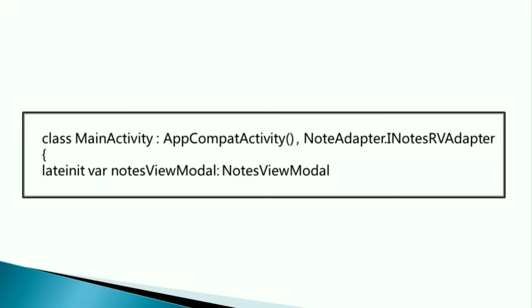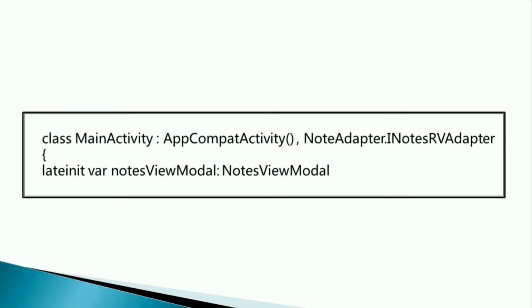We have declared variable NotesViewModel of type NotesViewModel class. We have used keyword lateInit for the variable. This keyword is used for late initialization of variables. There are many cases when you need to create a variable, but you don't want to initialize it at the time of declaration of the variable.